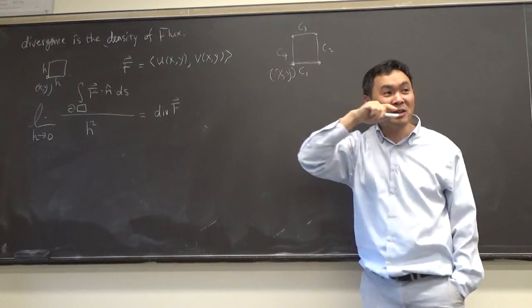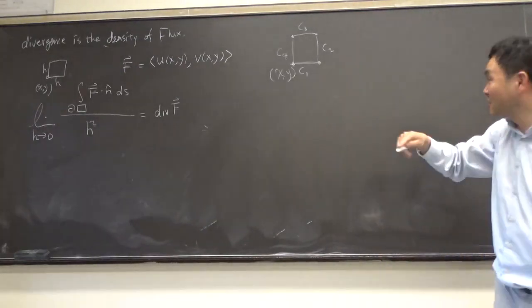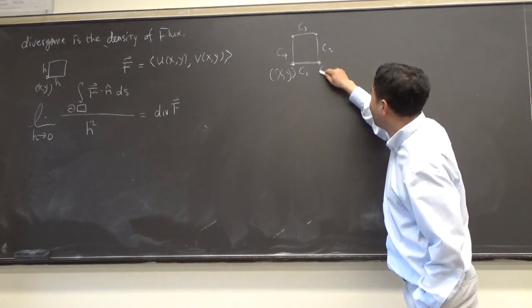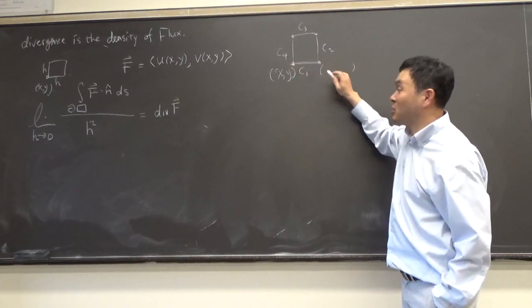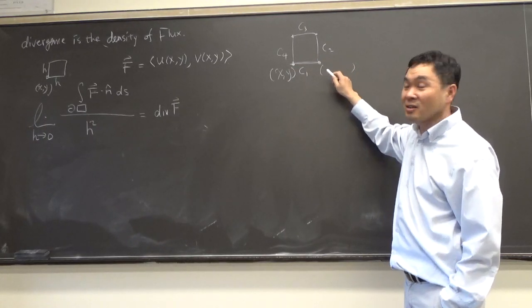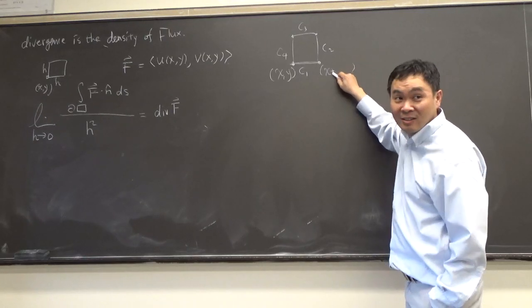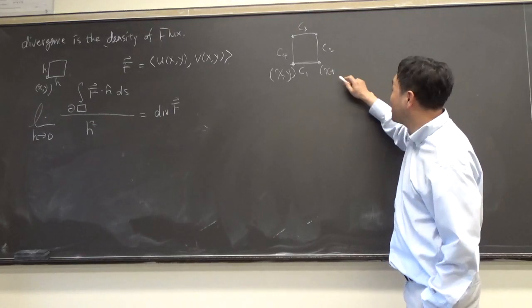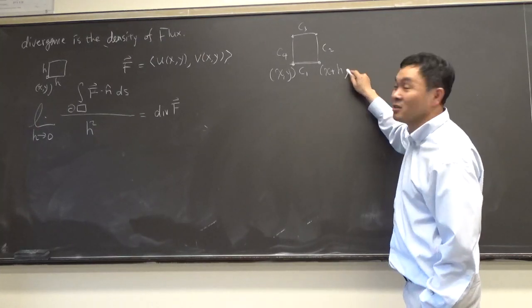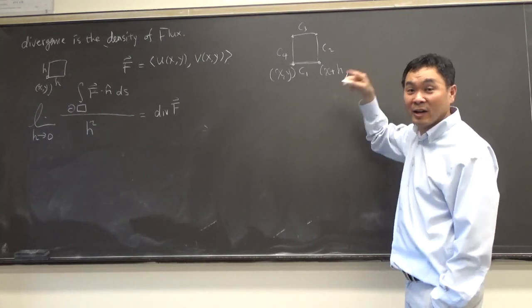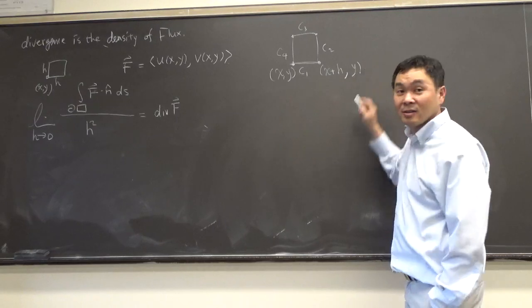to... I guess by now a lot of you are bored, so let me ask, what's the other coordinate if you move h to the right? X plus h, and then y, since you have the same height. Okay.